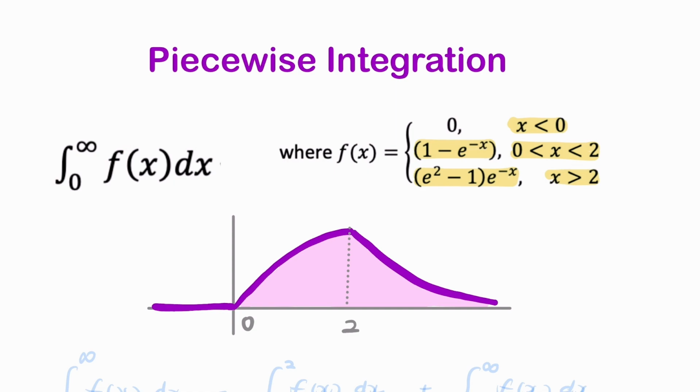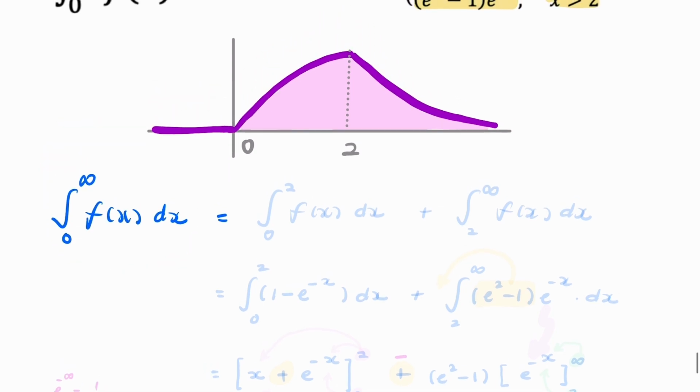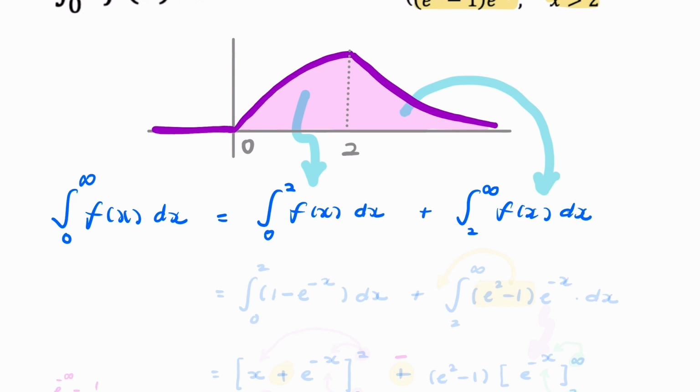So to find the area, to find the integration from 0 to infinity f of x dx, because this is a piecewise function, or a function that's defined in segments or in phases, then we would add the integral from 0 to 2 f of x dx plus the integral from 2 to infinity f of x dx. So that would cover the entire region between 0 and infinity. So from 0 to 2, and then from 2 to infinity.